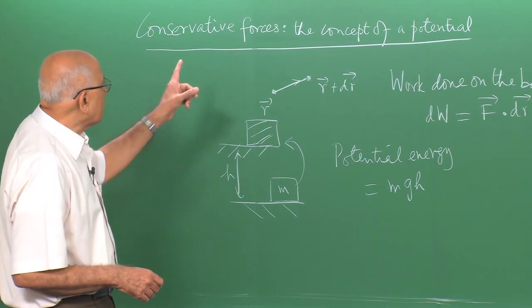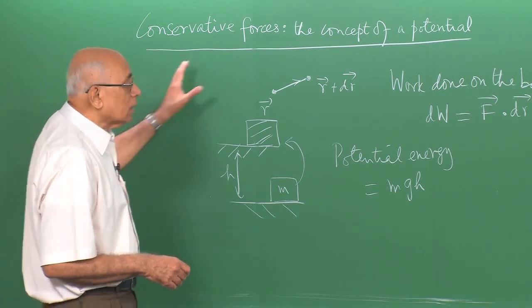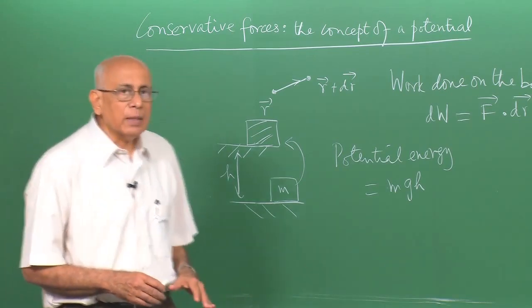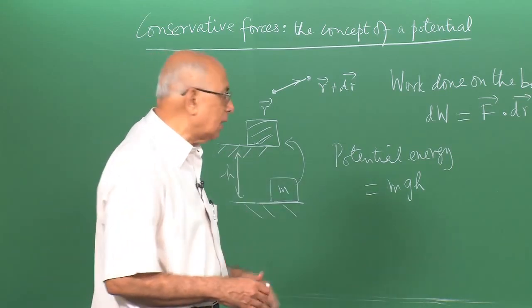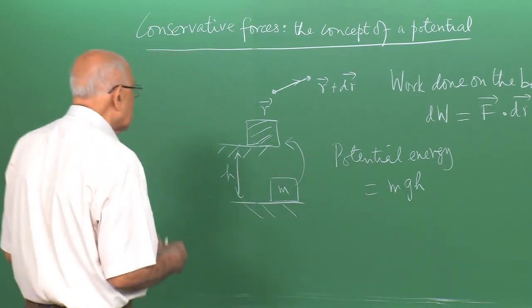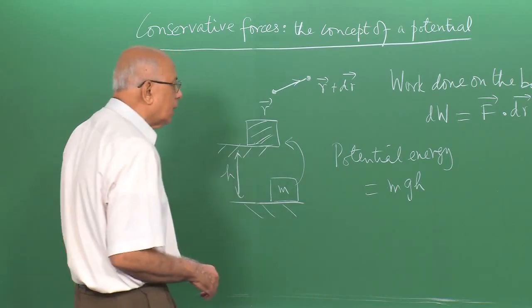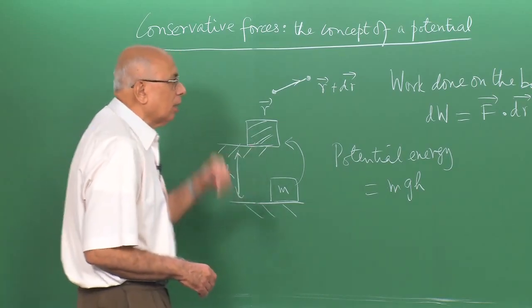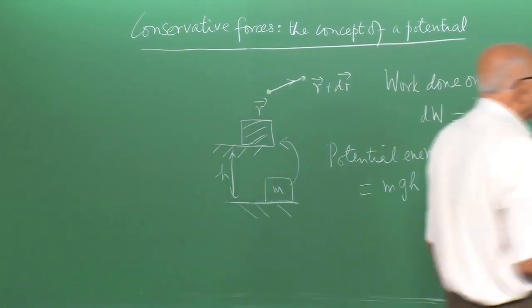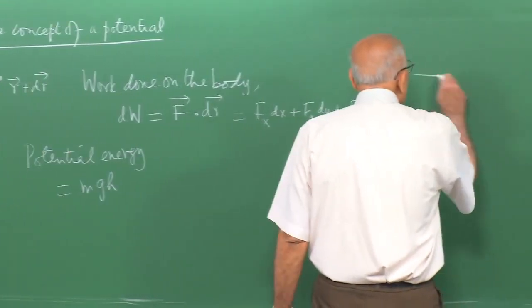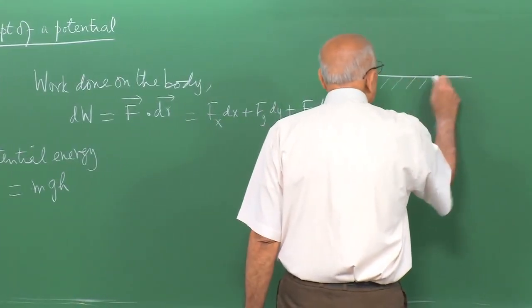Now what the concept of a potential and conservative force is going to do is to make this much more general, as we will see, and we will do this by a sequence of examples of various kinds.